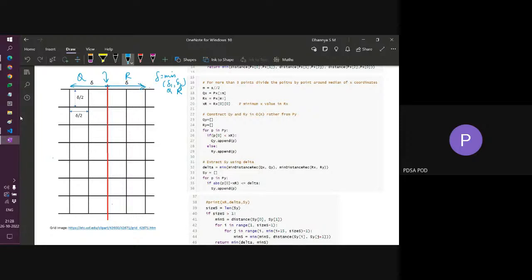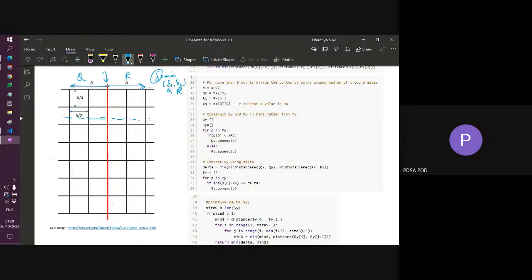Any point which goes beyond this delta will be at a distance that is at least 2 delta, and definitely I've got something which is smaller, so I don't even have to worry about such points. I only have to worry about points which are within a distance of delta from the middle line.